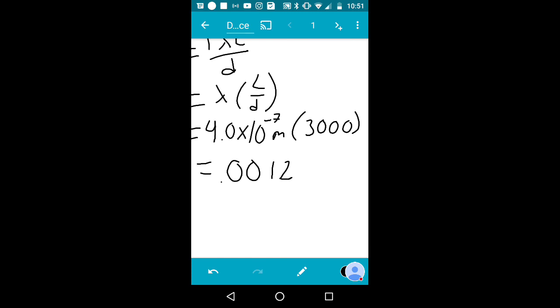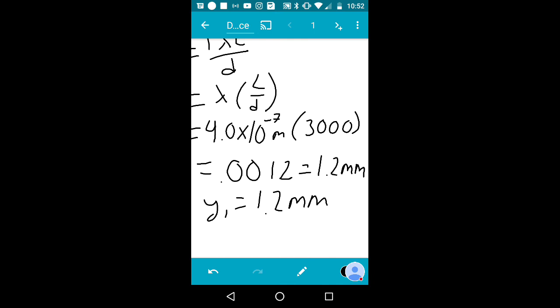And we get 0.0012, which will work out to be 1.2 millimeters. So our new y value, y1, is 1.2 millimeters, and this will also be the spacing.